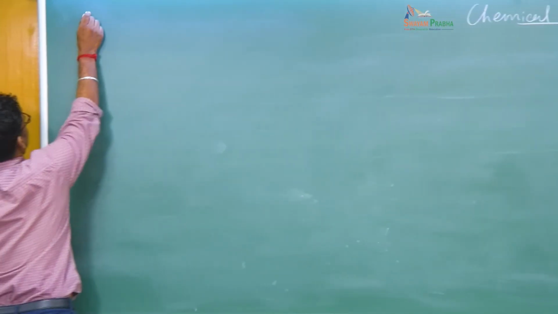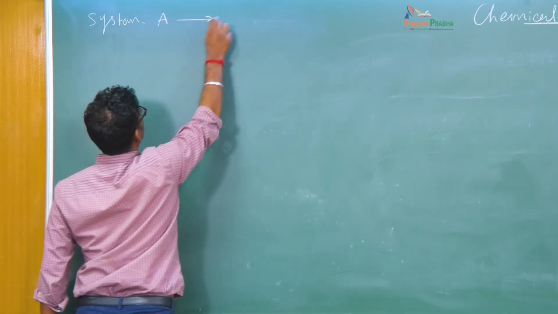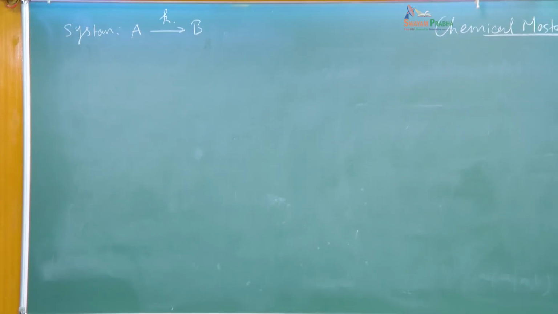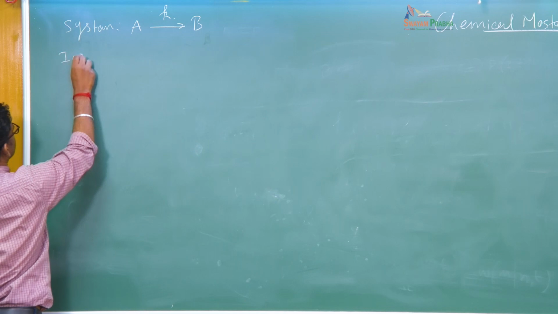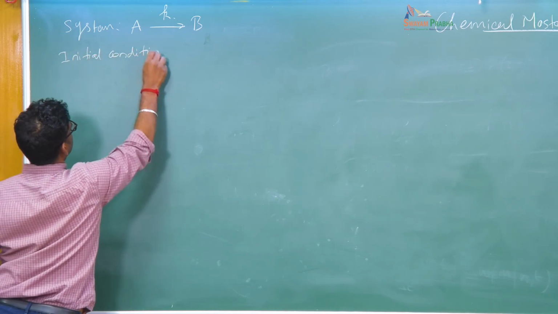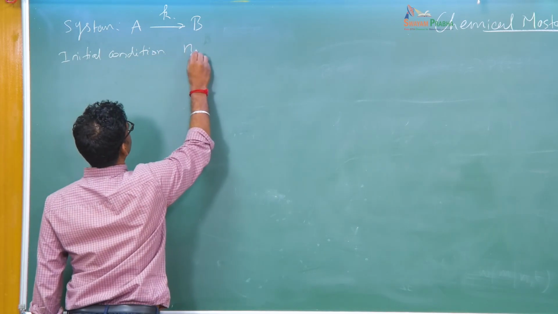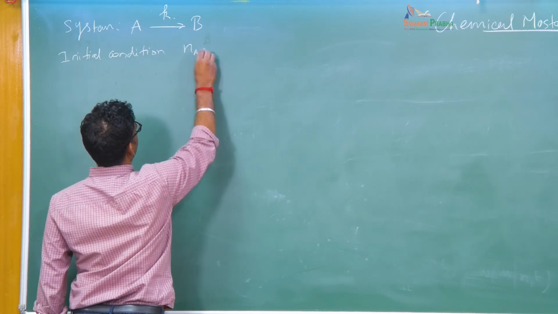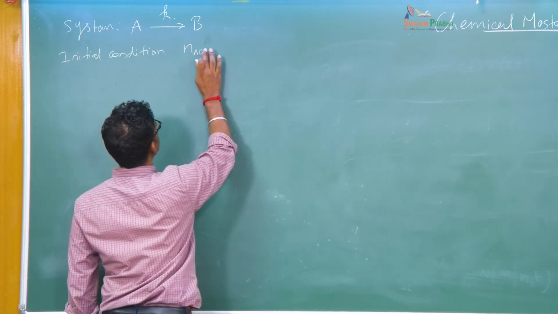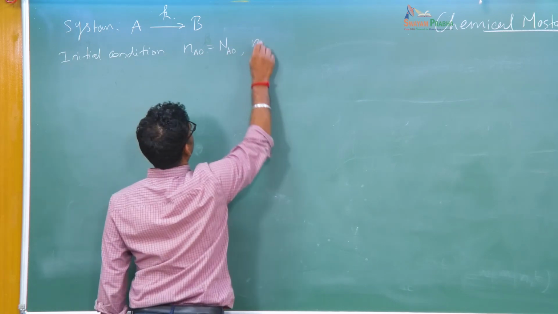So what is the system we are modeling? We are modeling a chemical reaction A going to B with rate constant k. What is the initial condition? The number of molecules of A is specified as Na0, and Nb0 is 0.